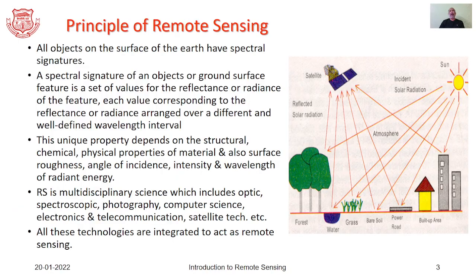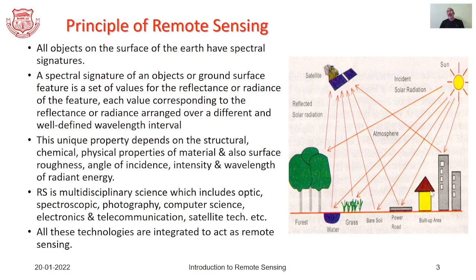Let's try to understand the basic principle of remote sensing. As you see here in the right sketch, there is one energy source. The radiations obtained from that energy source are reaching various entities.